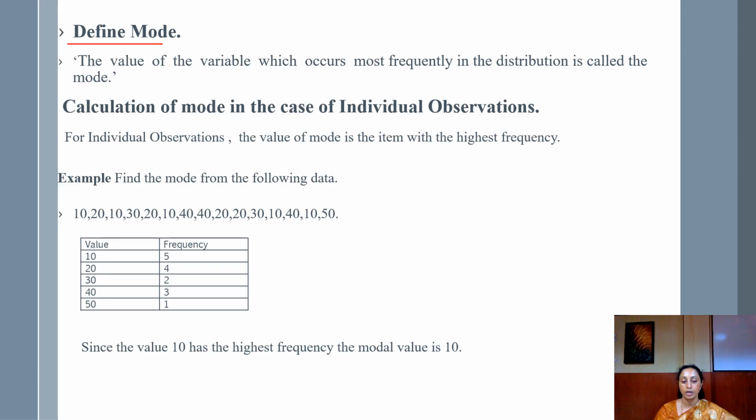If you count here, 10 is appearing 5 times, 20 is appearing 4 times, 30 is appearing 2 times, 40 is appearing 3 times and 50 is appearing 1 time. The highest frequency is 5, which corresponds to the value 10. Therefore, the mode value is 10. For this data, the modal value or the average value is 10.